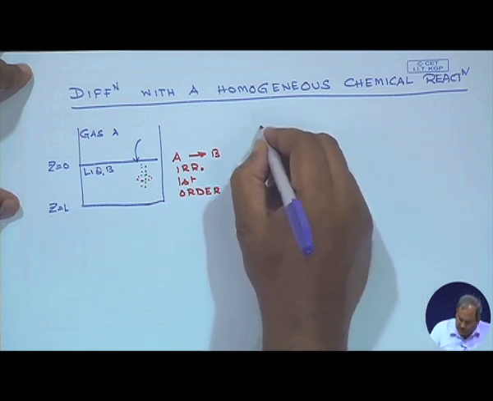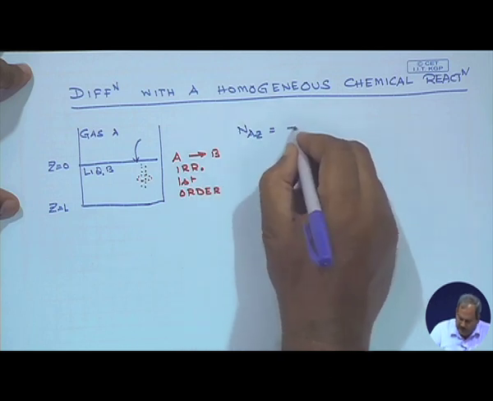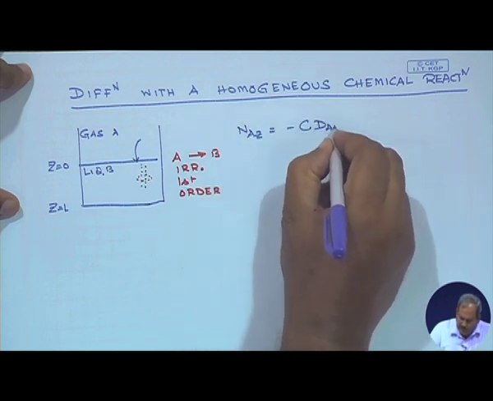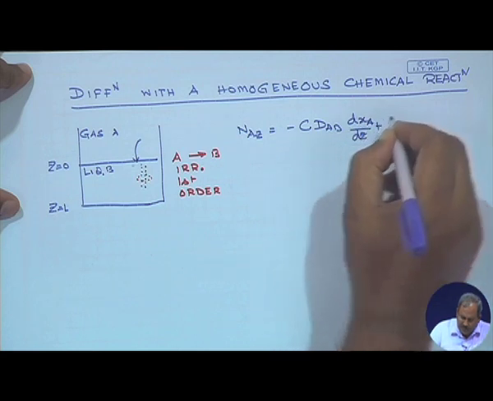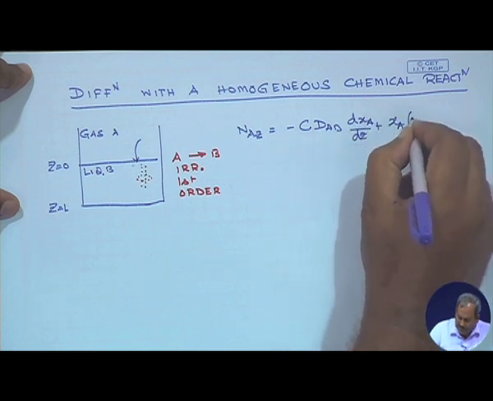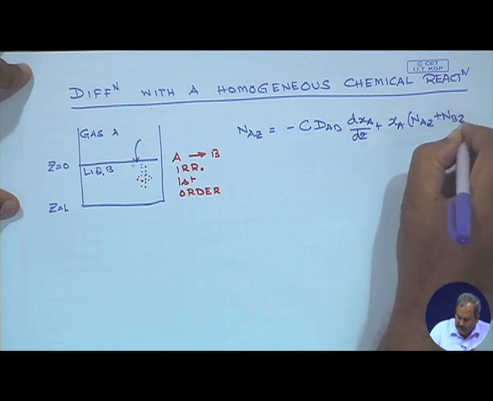The first thing that we are going to do is see what NAz is. It is as before D_AB times dx_A by dz plus x_A times (N_Az plus N_Bz).